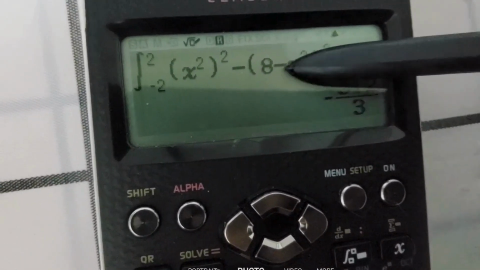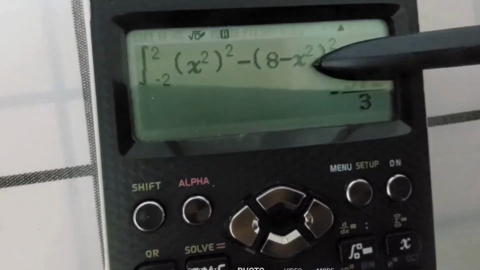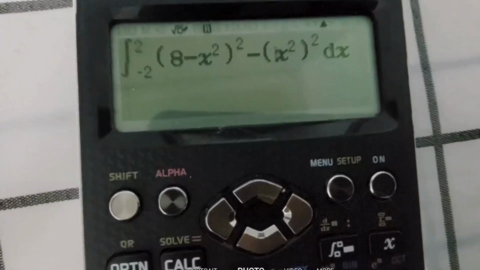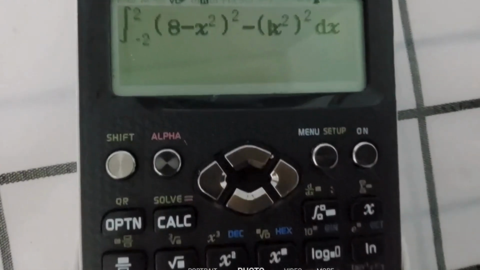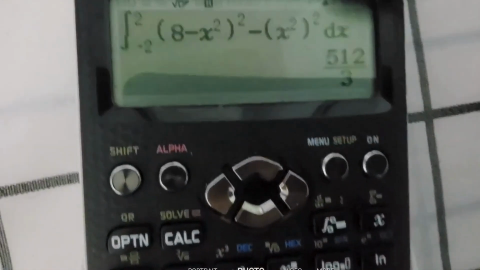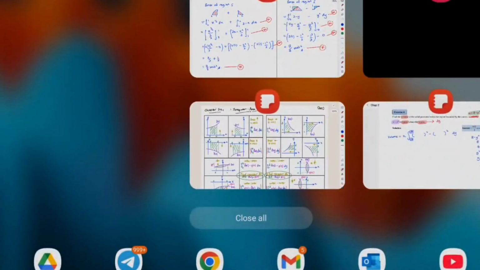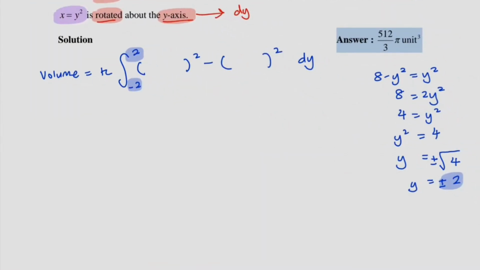So this means we know that the function should be the other way around. So let's try to change their places. Okay, so once you have changed your places, try to press equal. Now you get a positive value. So this means that this is the correct formula for you to integrate. But don't forget to copy the formula on your calculator, but with x changed to y. So it should be 8 minus y squared minus y squared.